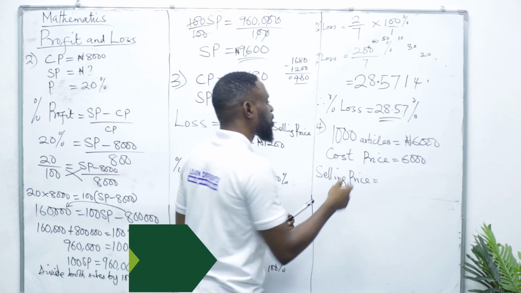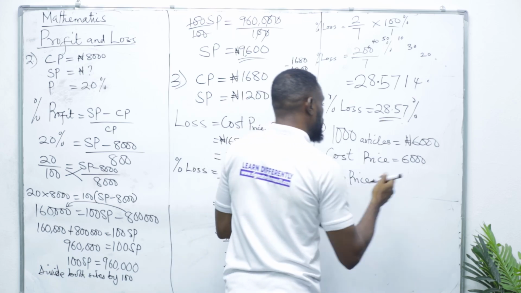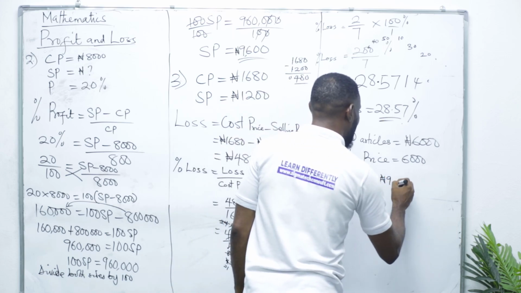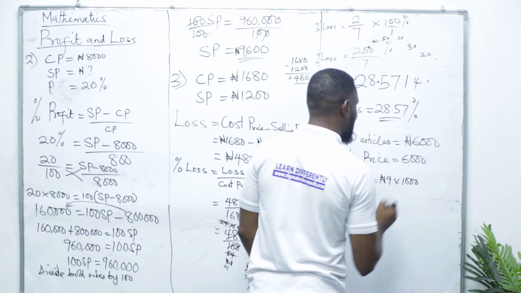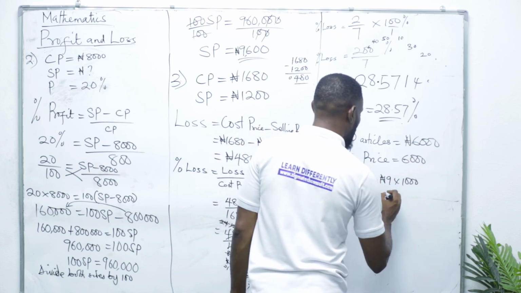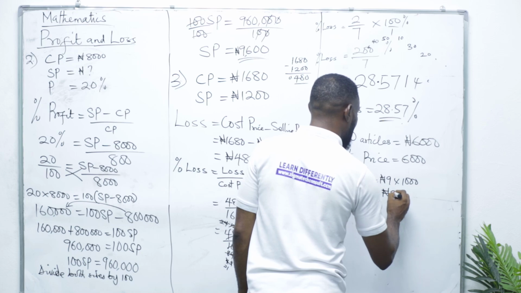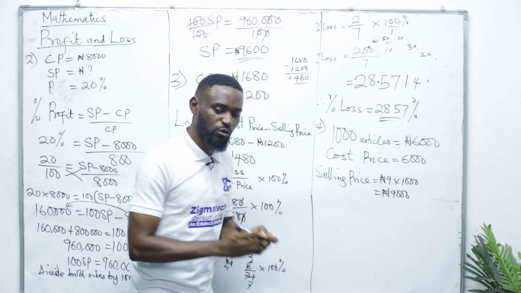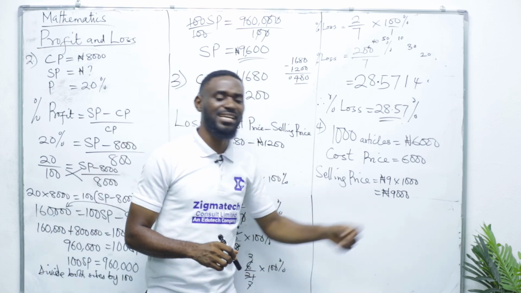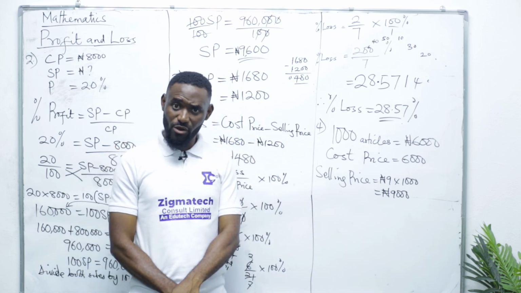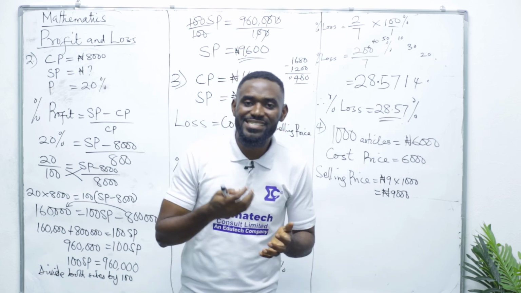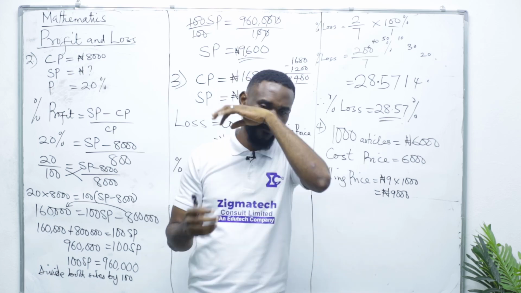It means that for the 1,000 items, it will be 9 naira times 1,000 items, which will be equal to 9,000 naira. So his selling price is 9,000 naira. Is that okay?